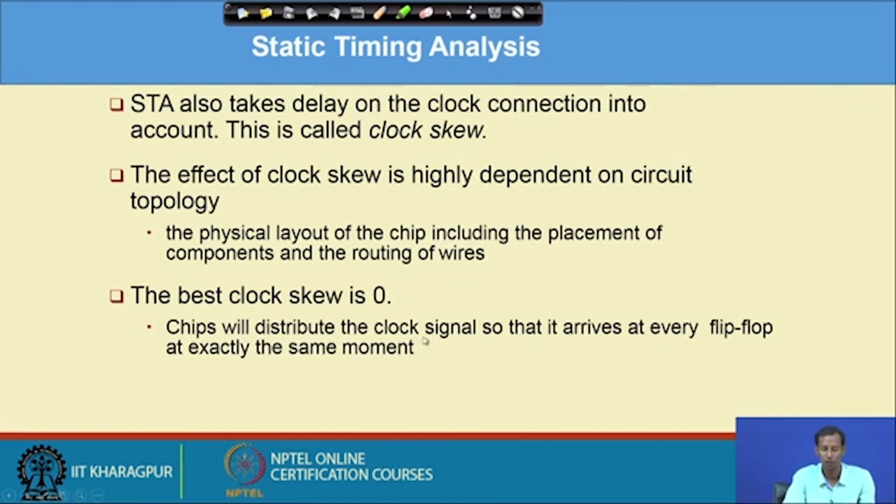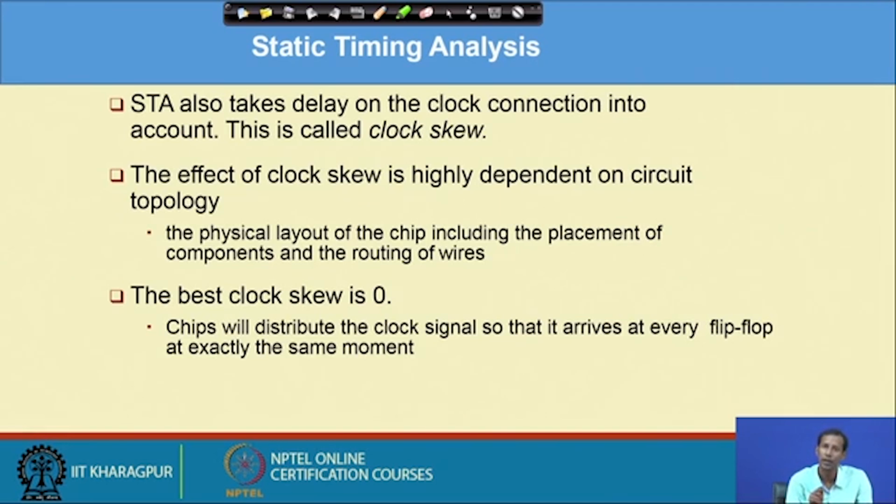Chips will distribute the clock signal so that it arrives at every flip flop at exactly the same moment. Suppose in a chip 1000 sequential elements are placed and you have only one clock source, that means the clock will be connected to one pin.